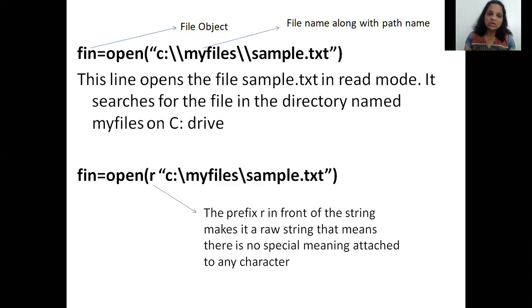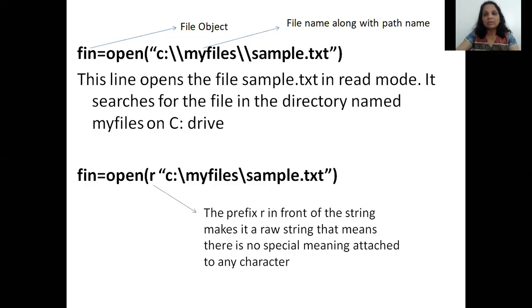So can you see here, I wrote C:\\my files\\sample.txt. Now, what does this line mean? That the file name is sample.txt, but it's in a folder. Directory means a folder. It's in a folder named my files, which is on my C drive.